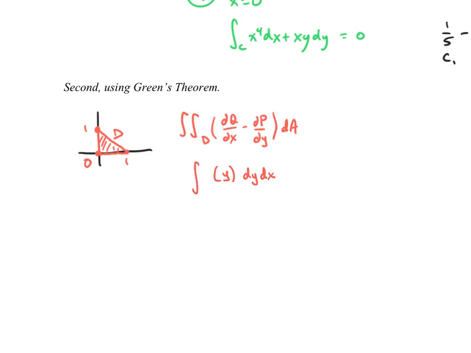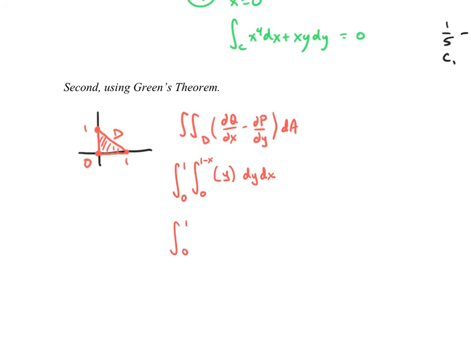So the inside integral is going to be in terms of y. If we look at our region, and this goes back to chapter 12, the minimum y is 0, and the maximum y is that line, which is y equals 1 minus x. And then the outer integral is x, which is just 0 to 1. In other words, we're setting up Green's theorem, and then going back to everything we learned in chapter 12 to do a double integral.